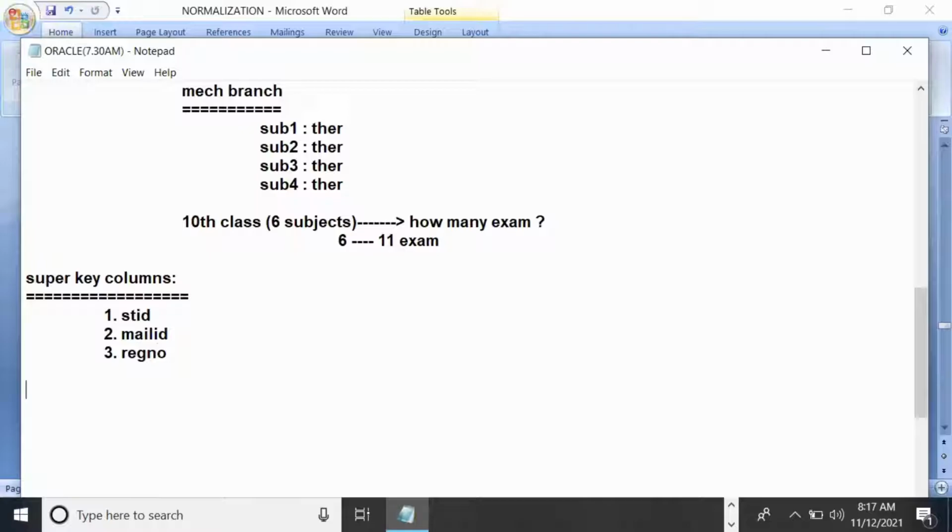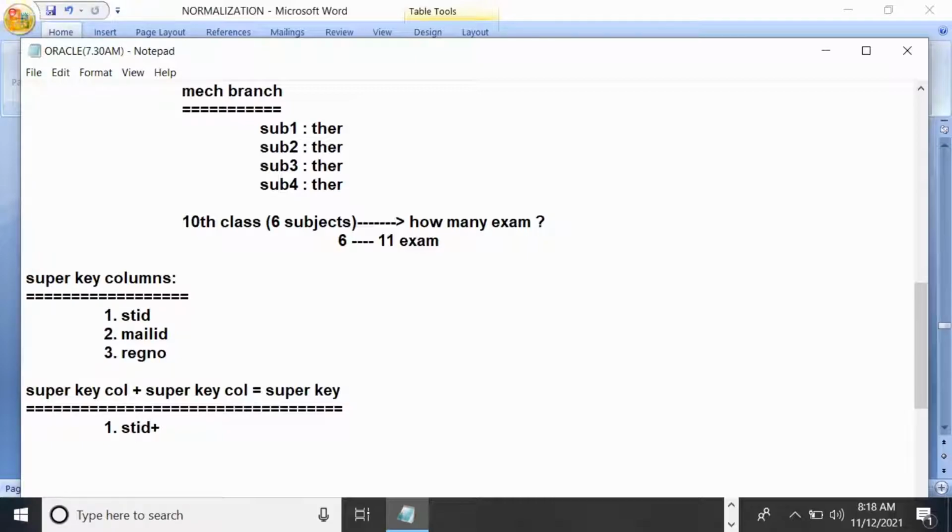So these are the three super key columns. But one more very important point is, any combination of super key columns, again, is a super key. That means super key column plus super key column is equal to, again, a super key. So now I can say student ID plus mail ID. Can I say it is a super key? Come on, guys.